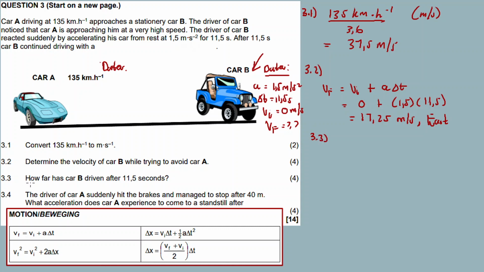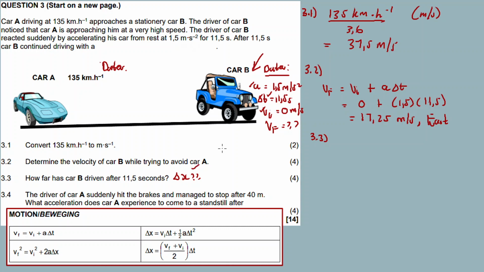3.3. How far has car B driven after 11.5 seconds? In other words, they are asking what distance it traveled, delta x. We want to know delta x this time, right? So you look for a formula with acceleration, delta t, initial velocity, and delta x unknown.